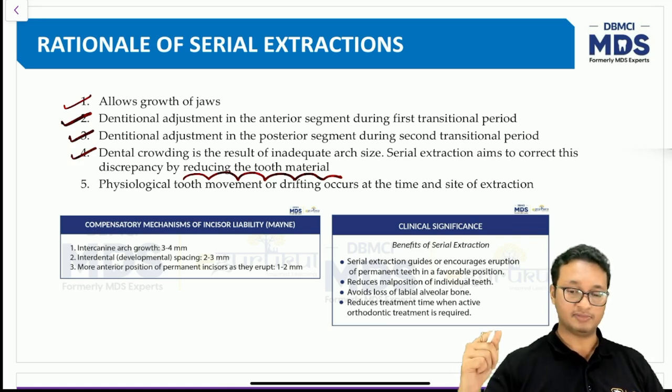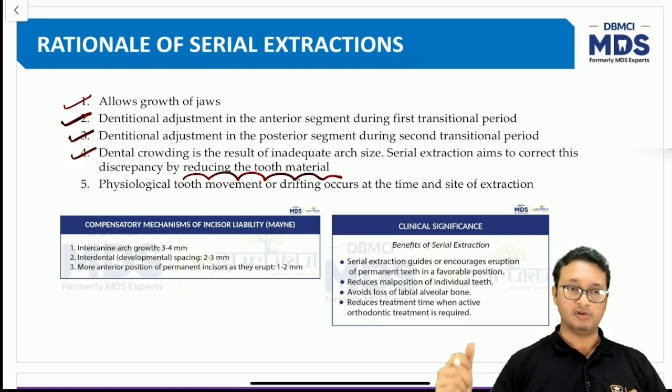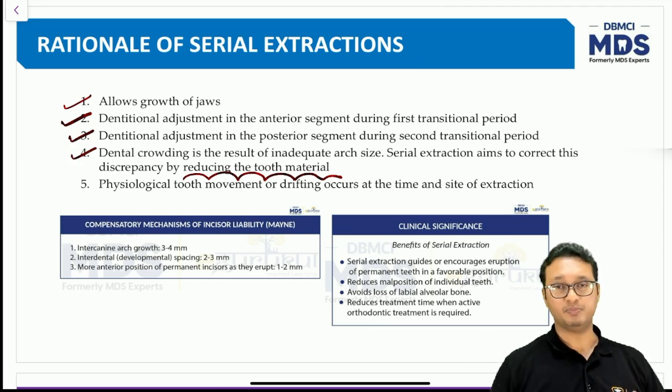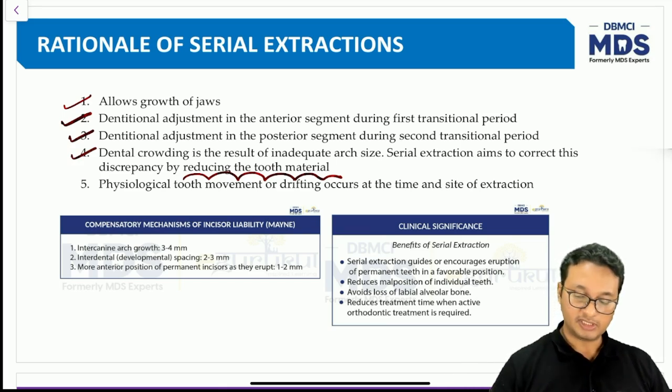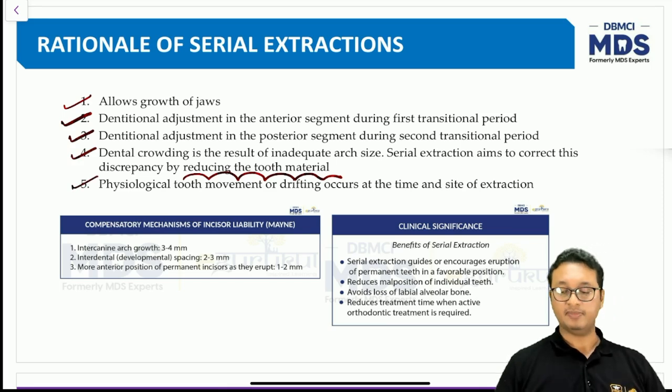First, the deciduous canine is removed, followed by the deciduous first molar, followed by the not yet erupted permanent first premolar. This physiological tooth movement or drifting occurs at the time and site of extraction. That is the rationale of serial extraction.